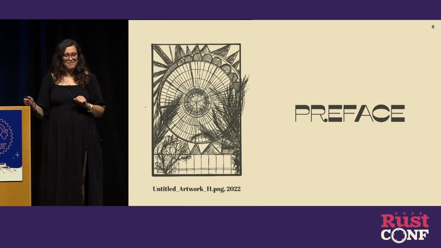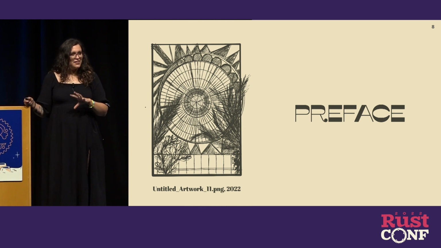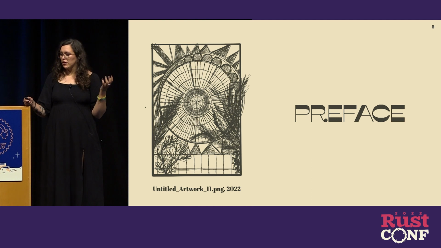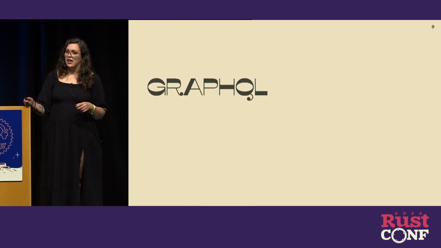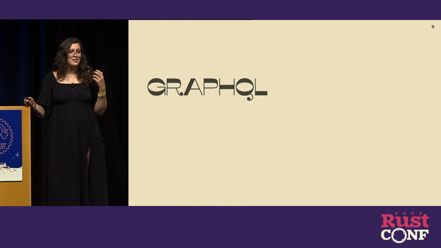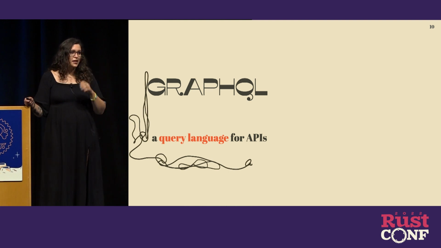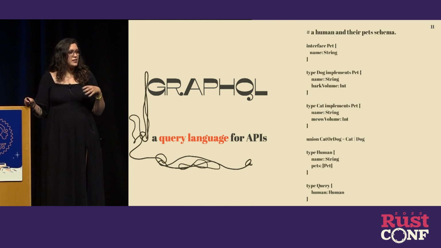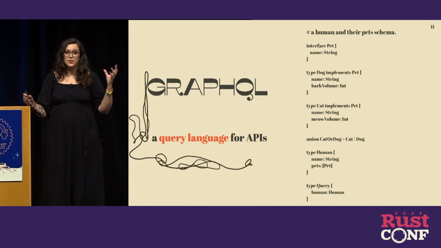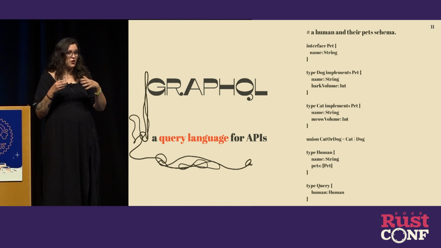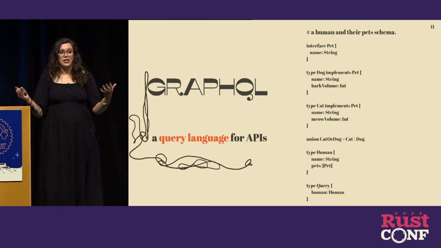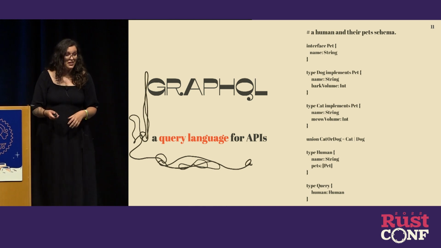The preface. I think it would be important for us to take a look at what GraphQL actually is. GraphQL is a query language for APIs. Let's take a look at the schema. The schema defines a bunch of different types, and these types are related to each other and are used in different ways. GraphQL has a spec that defines how each one of these types is meant to be used.